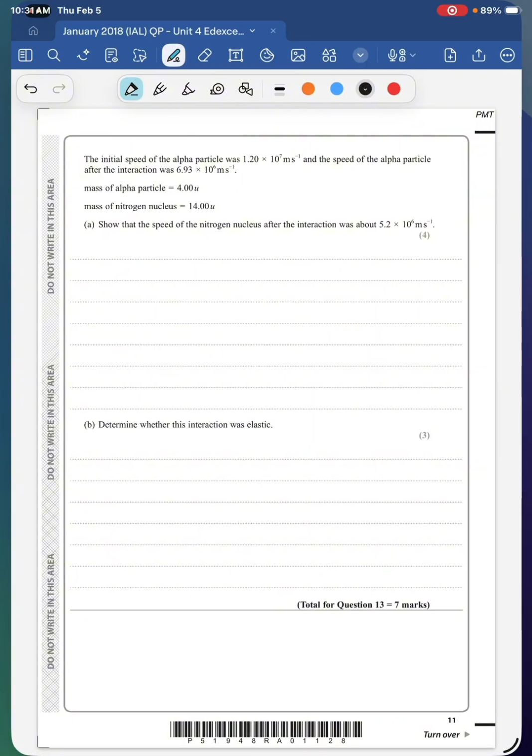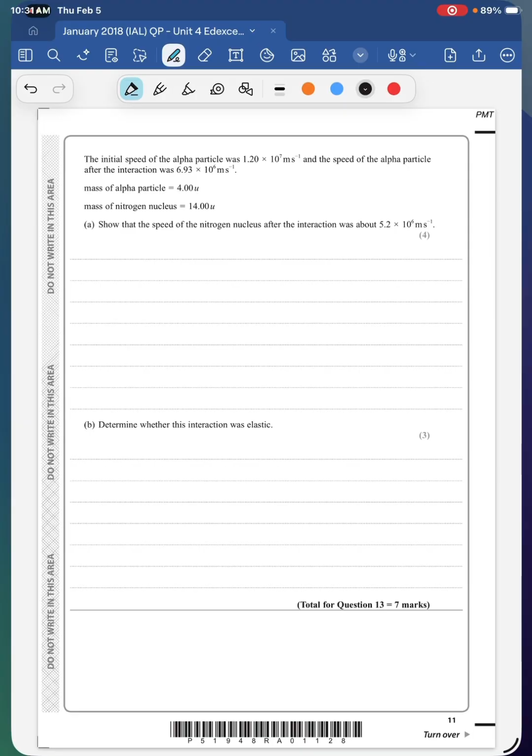So, question A showed that the speed of the nitrogen nucleus after the interaction was about 5.2 times 10 to the 6 meters per second. They give us the velocity of the alpha particle before and after.